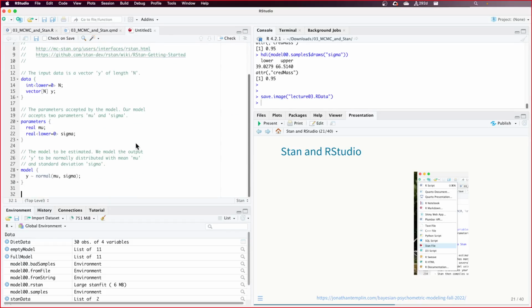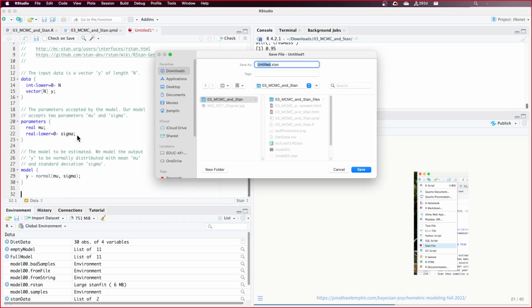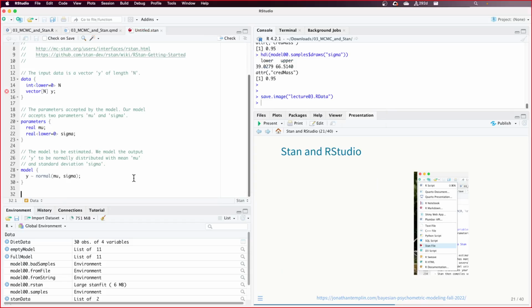The other nice thing about this, the thing that's really helpful, particularly when you're learning Stan, is that if you type something incorrect, of course it's not going to do it for me now. Let's see if that does it. Probably not. Here, let's try this. Yeah, there it is. It tells you where your error is, like I took off a semicolon at the end.